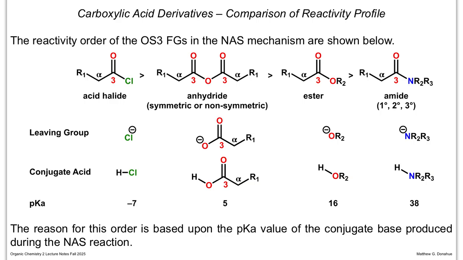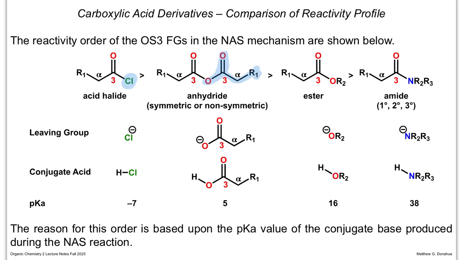So of all these groups, there's really only 2 of them that behave the best in terms of this reactivity, and that's an acid halide and an anhydride. So why is that?